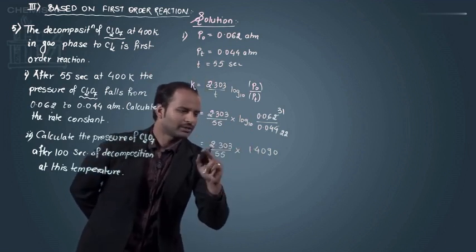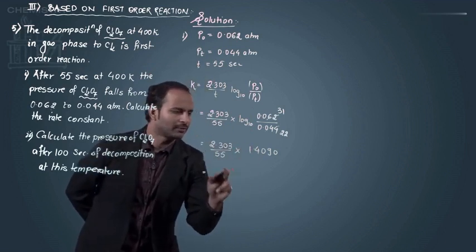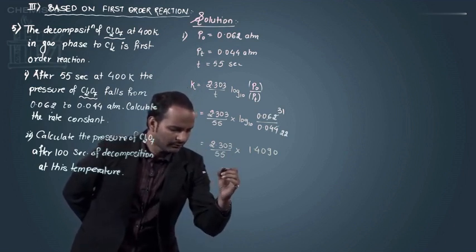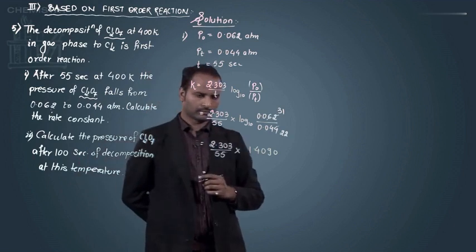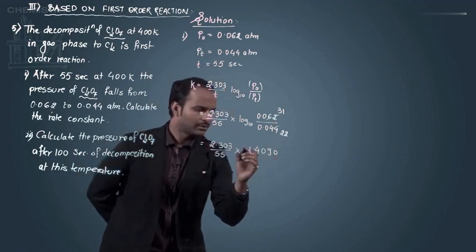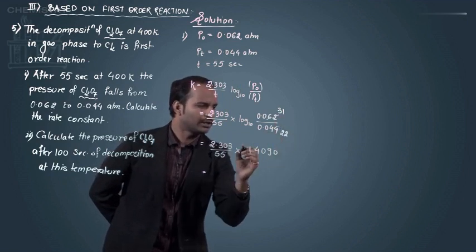After that we are going to multiply all these three. After multiplication and division, you will get a number. The log of 31 upon 22 will give you 1.4090.